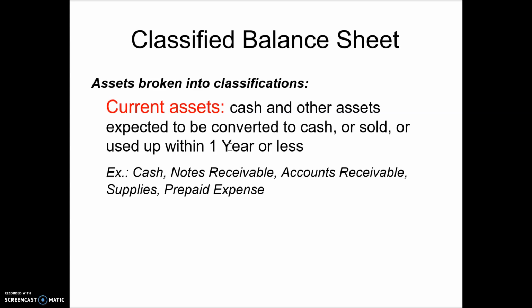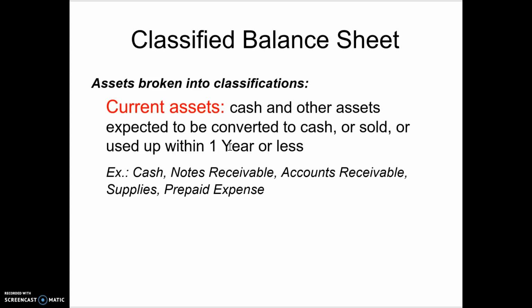These are the assets that are going to be used up within 1 year or less. So our cash, we're going to use that within 1 year. A note receivable, if we have loaned someone money, they're going to pay us back within a year. That would be a current asset.